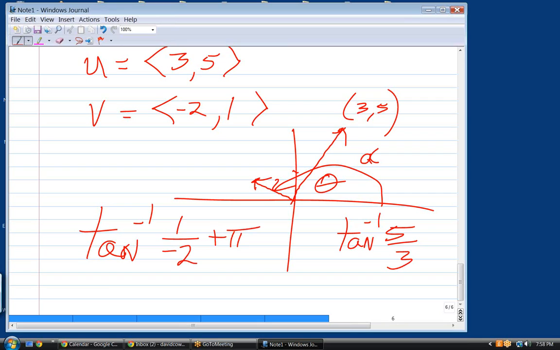That's going to give you two angles, alpha and theta. Subtract the two, and that gives you the angle in between, always. I don't know why they don't teach it this way. This way is far simpler than that formula they give you for the angle between two vectors, which is very complicated.